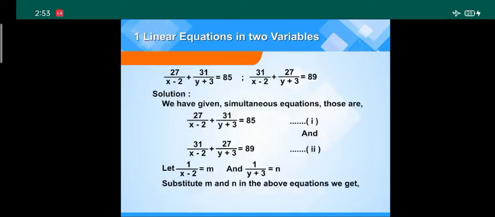Substitute m and n in the above equations. We get 27m plus 31n is equal to 85. This is equation number 3. And 31m plus 27n is equal to 89. This is equation number 4.